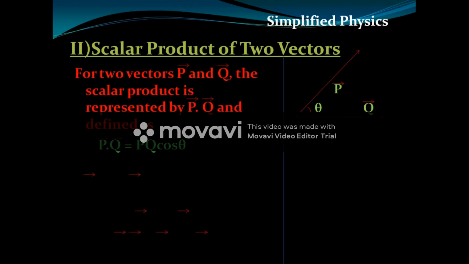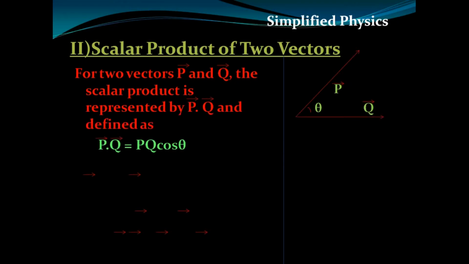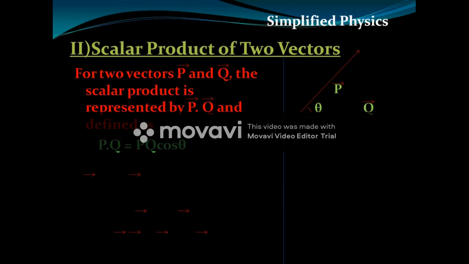Scalar product is also called dot product, and the resultant of a scalar product is a scalar quantity. Theta is simply the angle between the p vector and q vector as indicated in the figure.